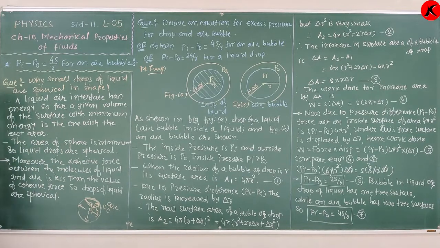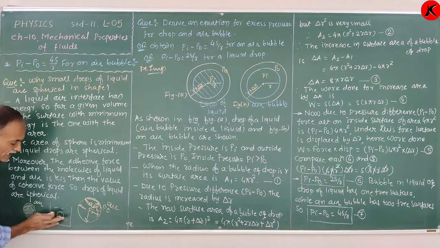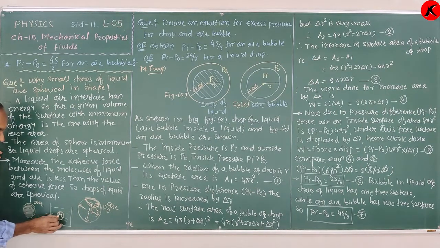While for a drop of a liquid, inside is liquid and outside is a medium, so only the outside surface is the free surface. In the second case, when the air drop or air bubble is formed inside the liquid, inside is a medium and outside is liquid, so it has only one free surface, that is the inside.